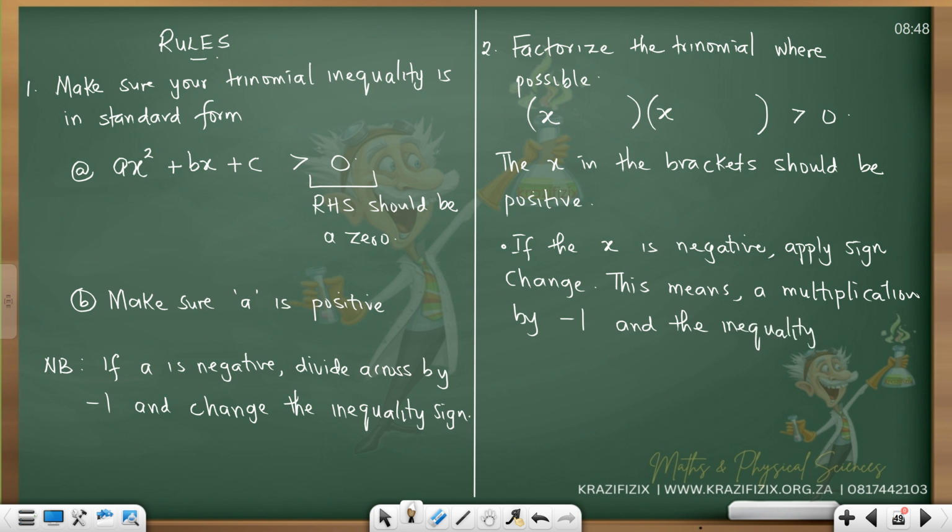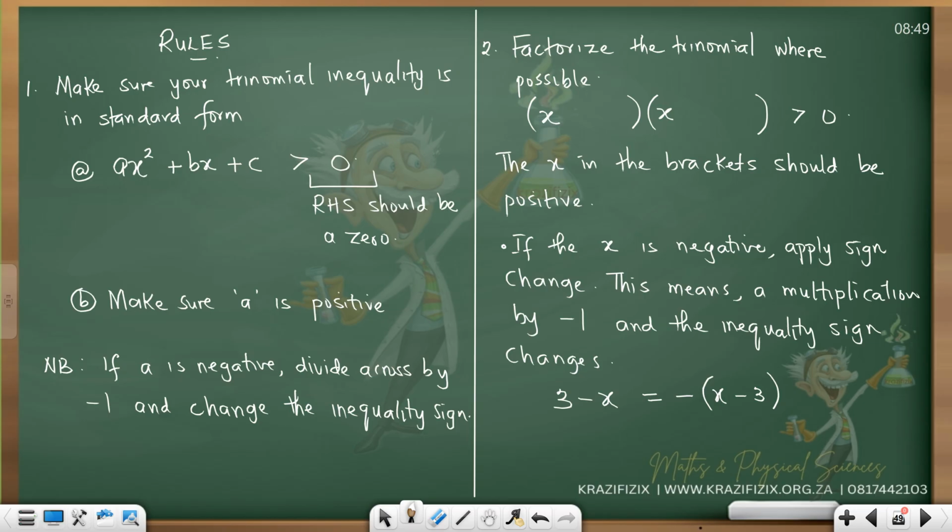We're going to look at a quick example. -3 minus x is the same thing as -x minus 3. That's a sign change, grade 10.